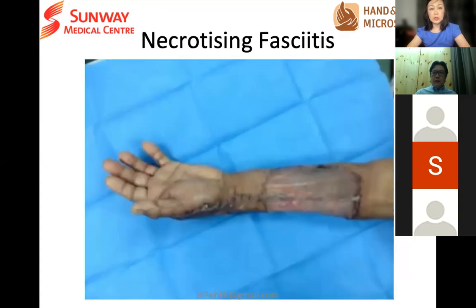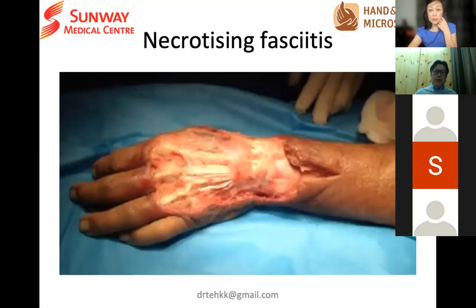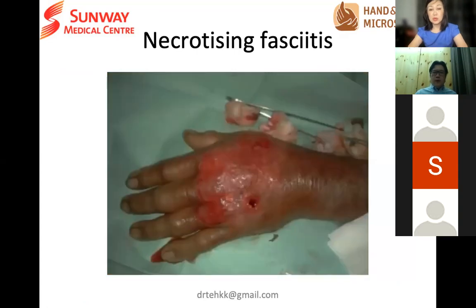So then, sorry, what are the underlying predisposing factors to getting this necrotizing fasciitis? Usually they are injuries. So this patient presented after he's an avid gardener.